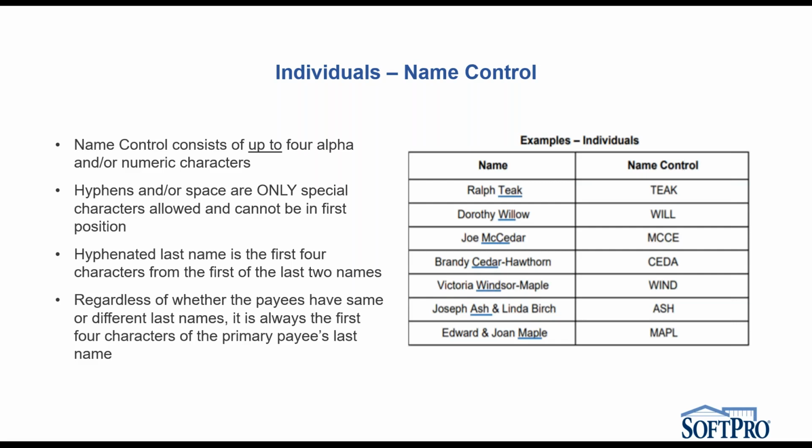And then the only other awkward one is if you have Joseph Ash and Linda Birch, they're filing together, but they have different last names. It's always the first person's last name. And with Ash, there is no fourth letter, so you can actually have only 3 characters and it would just show ASH for him.